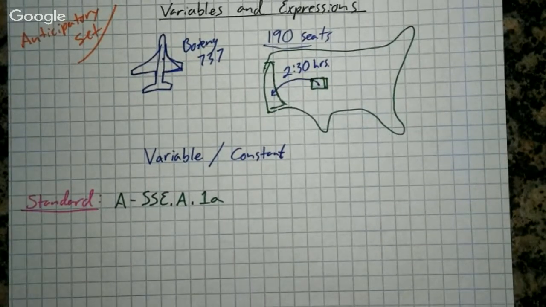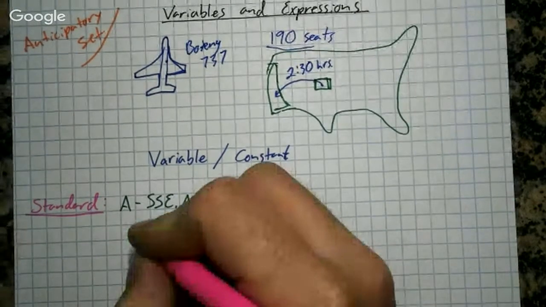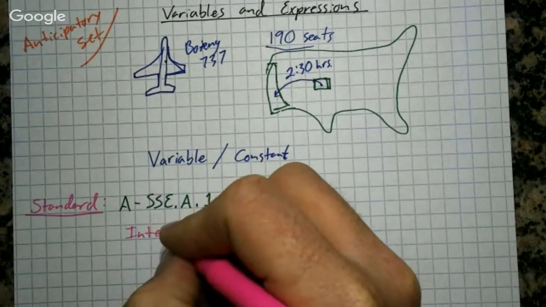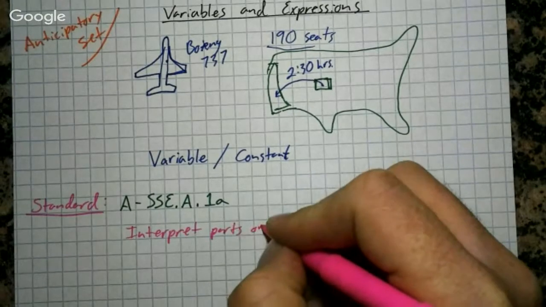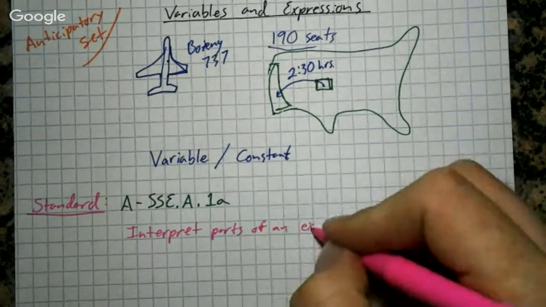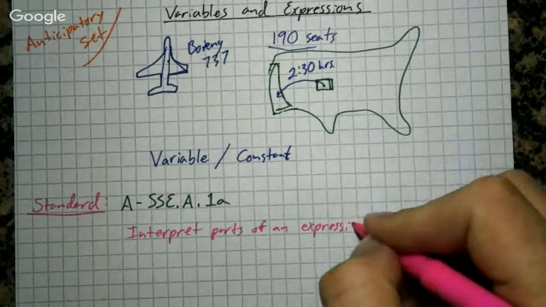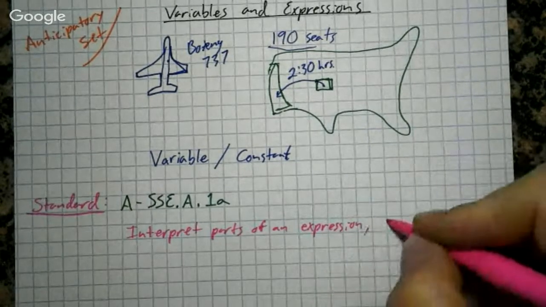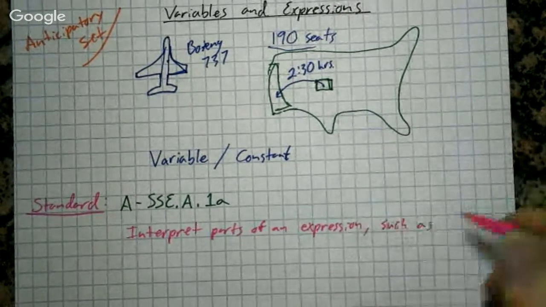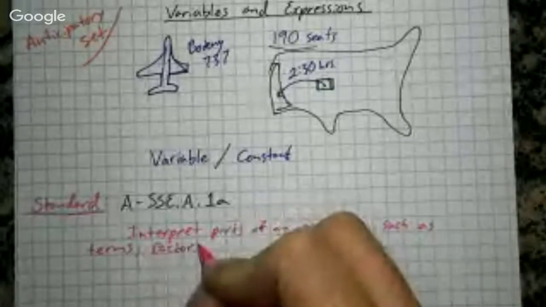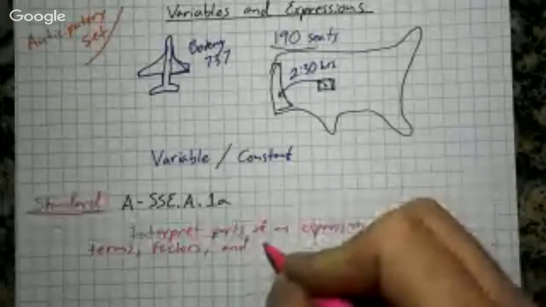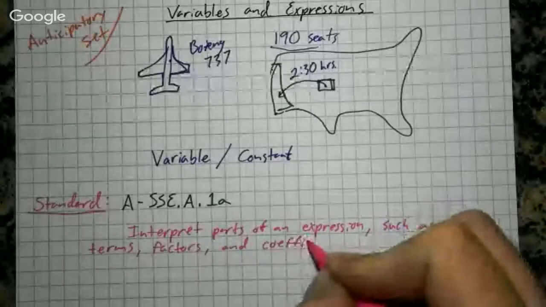So the standard we're talking about today, the one that we're all going to write down right now, is to interpret parts of an expression such as terms, factors, and coefficients.